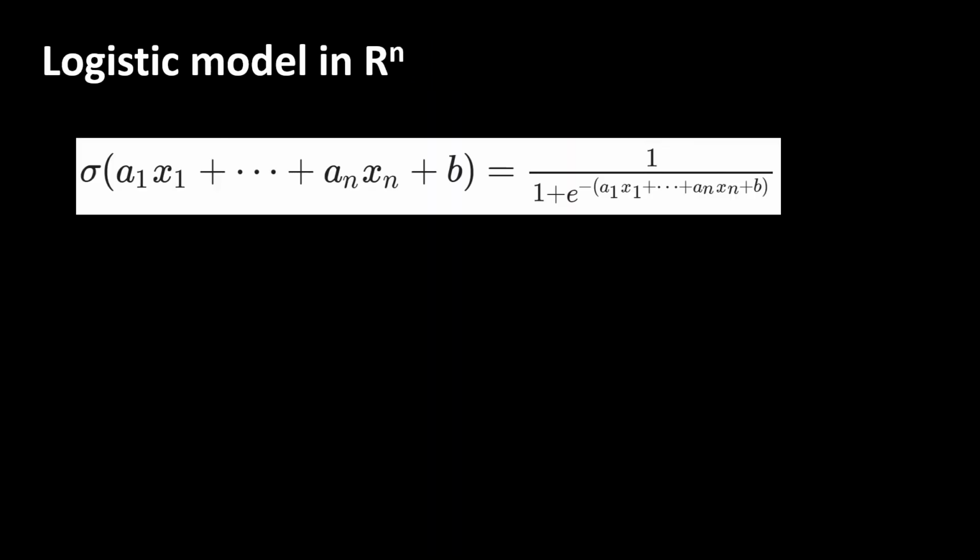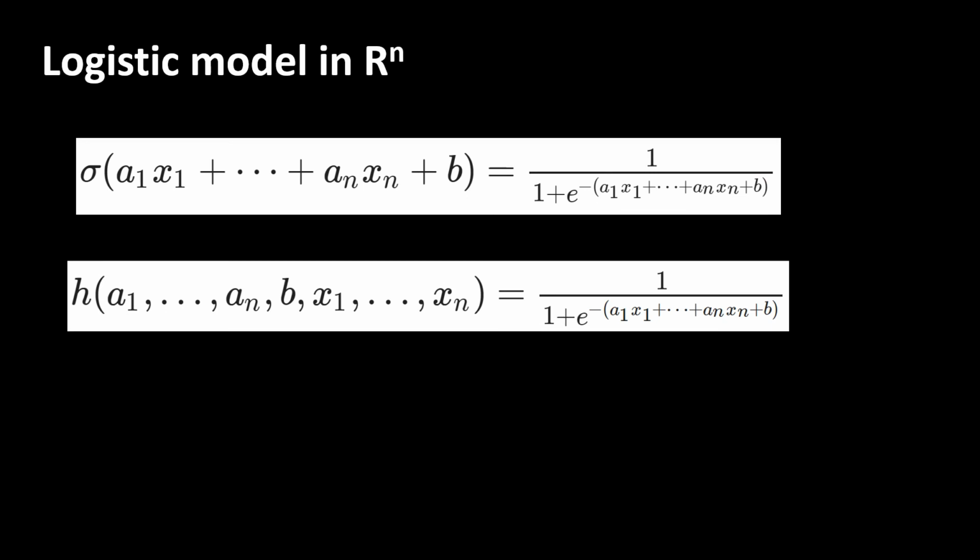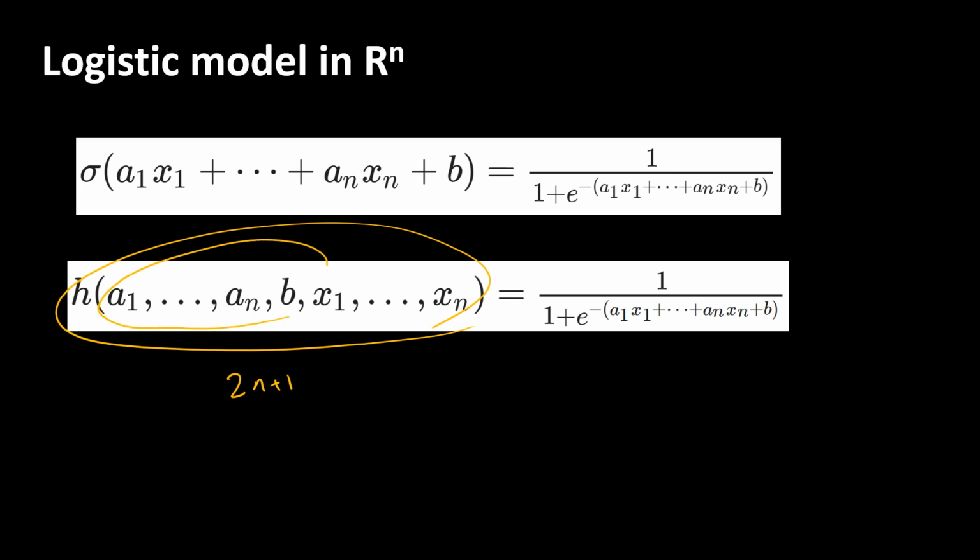To have a logistic model in Rn, we need a composition function between this linear term and a sigmoid function. We can rewrite it as a function with 2n+1 arguments, where n+1 arguments are parameters to determine a hyperplane in Rn.